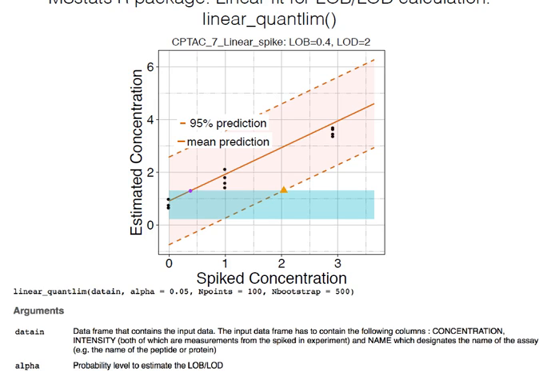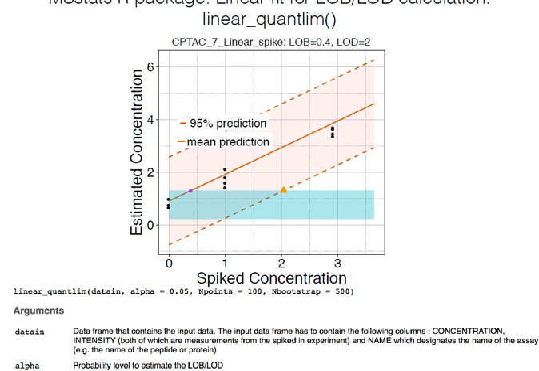I also implemented a linear method, so the limit method that we discussed before. The function for this is called linear quant lim. You can find a lot more information on the website, and if you use the help function of R. For the data that I showed previously, if you just run this function, this is the output that you get.